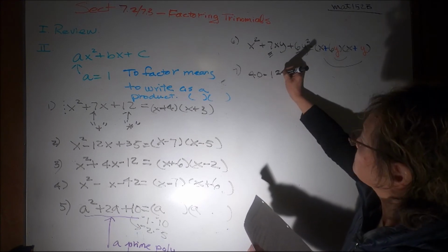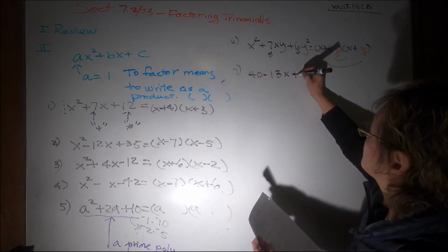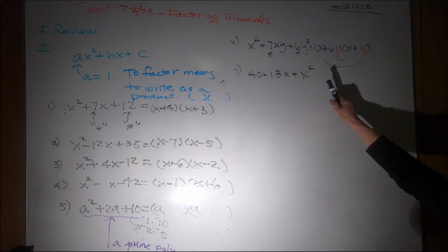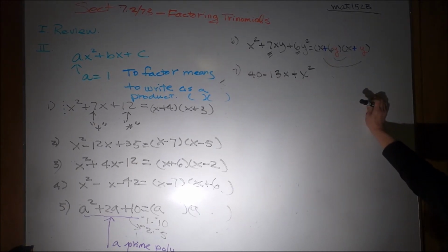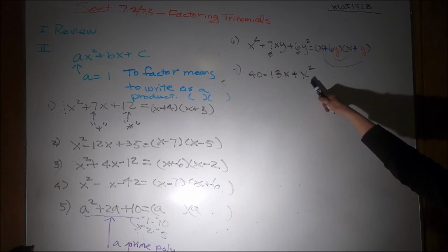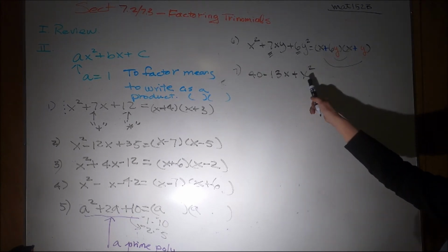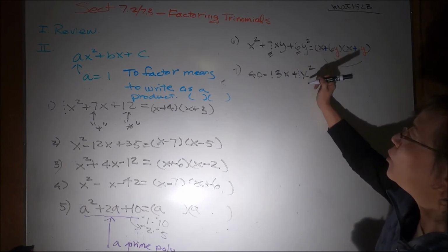So look at this. Do I have trinomial? Then what is your A? A is now 40. What's your B? Negative 13. What's your C? C is now 1. It's 40. A actually is 1, invisible 1. Why?